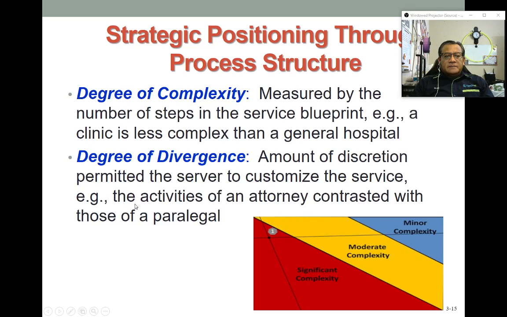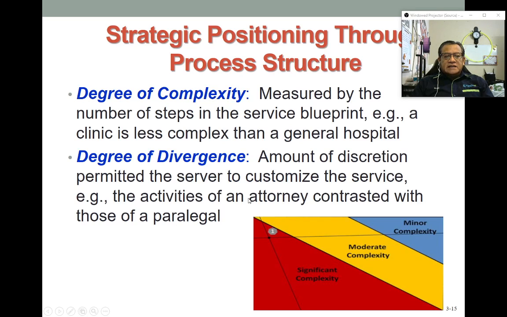In positioning the strategy to achieve a good process structure, the second perspective is measured by the degree of divergence. It refers to the amount of discretion permitted to the server to customize the service. For example, in a legal firm, the activities of an attorney contrasted to a legal advisor.